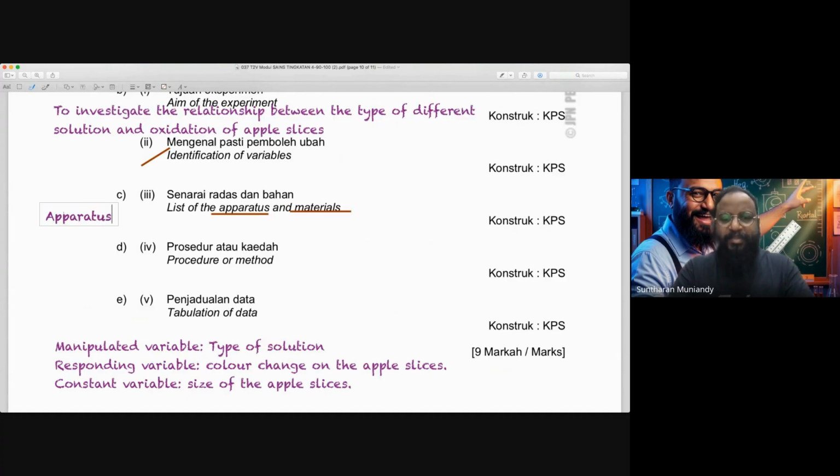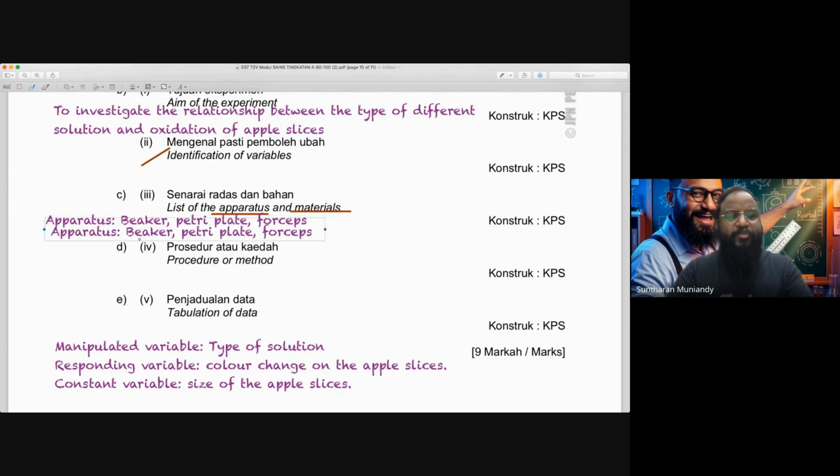I will have beaker, Petri plate, forceps.